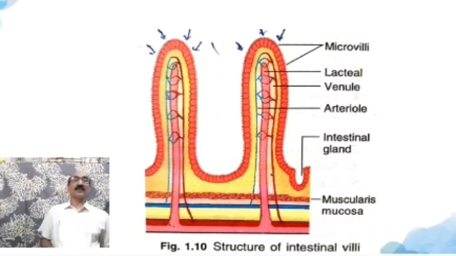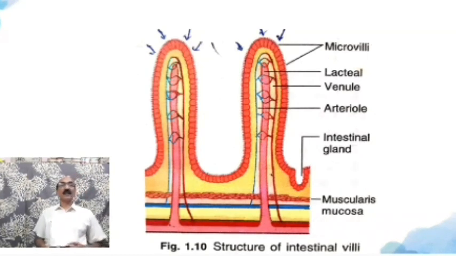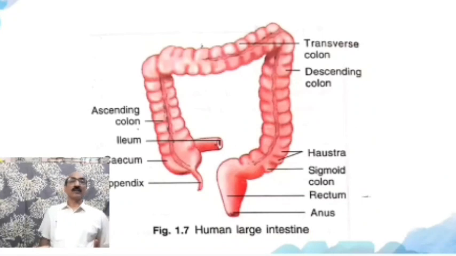Now in the small intestine there is a special structure of finger-like projections called villi and microvilli. They include the blood capillaries through which food enters our blood vessels, and undigested food moves ahead. Now it is the large intestine.